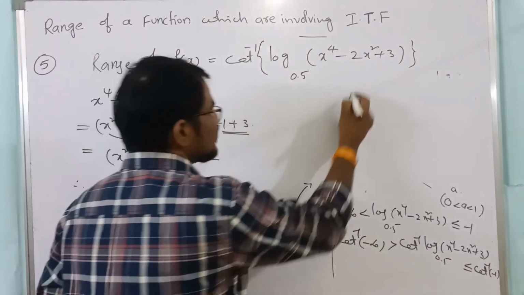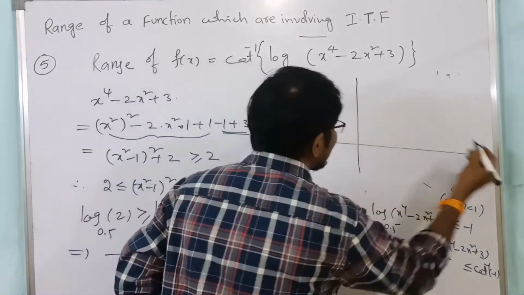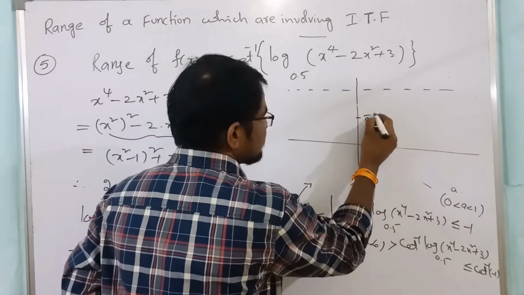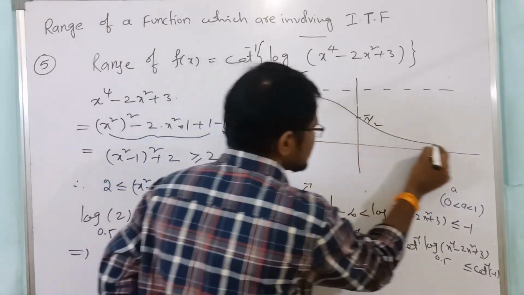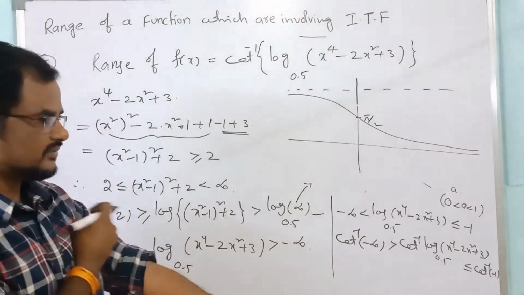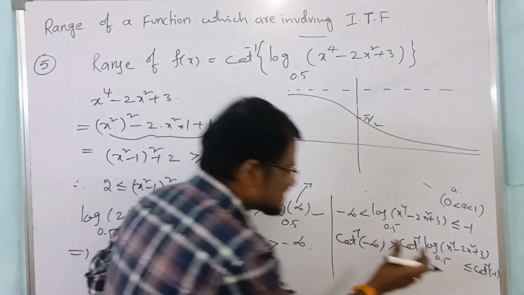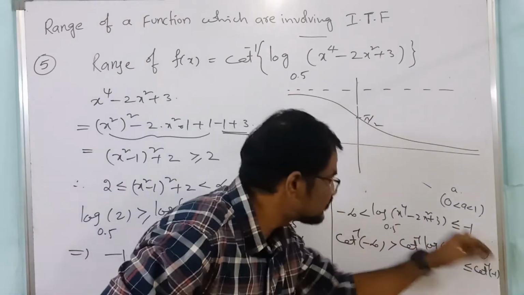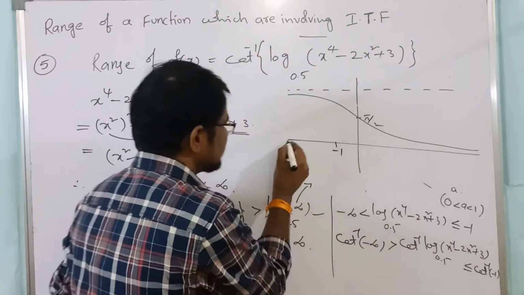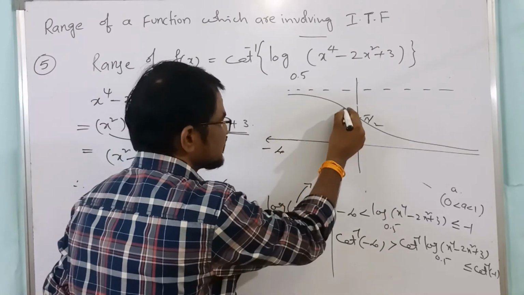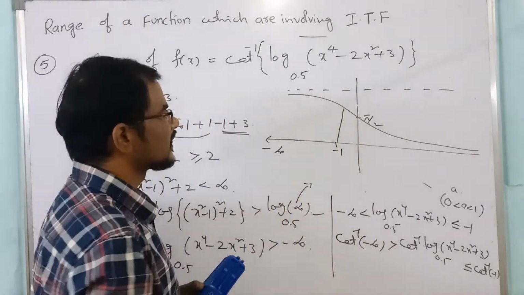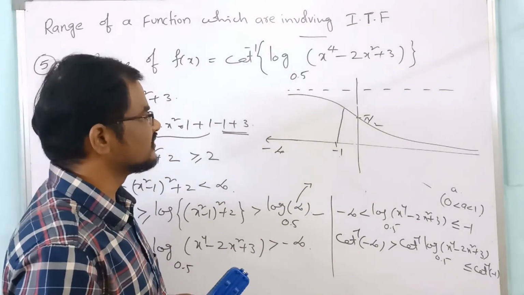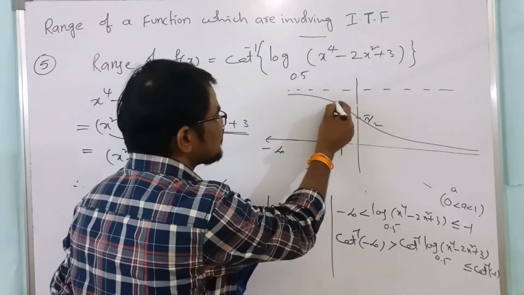Take the graph of cot inverse x, you will get clarity on how to take the range. Cot inverse x is decreasing, like this. So this value exists from where to where? Minus infinity to minus 1. Here minus 1, and here anywhere minus infinity you take. So minus 1 to minus infinity, here to here.